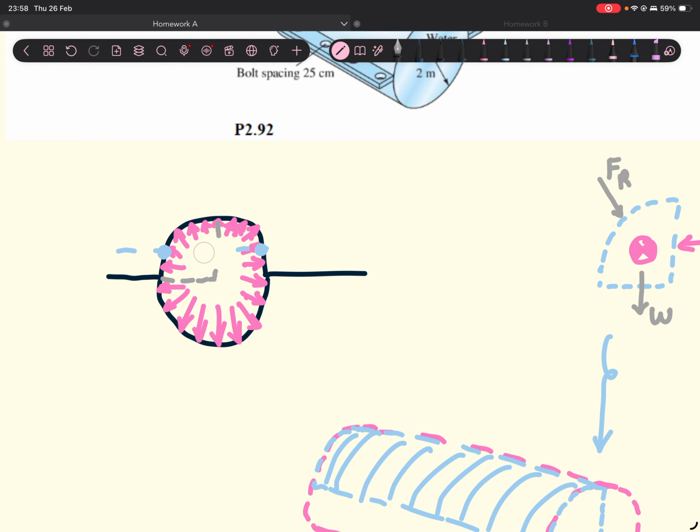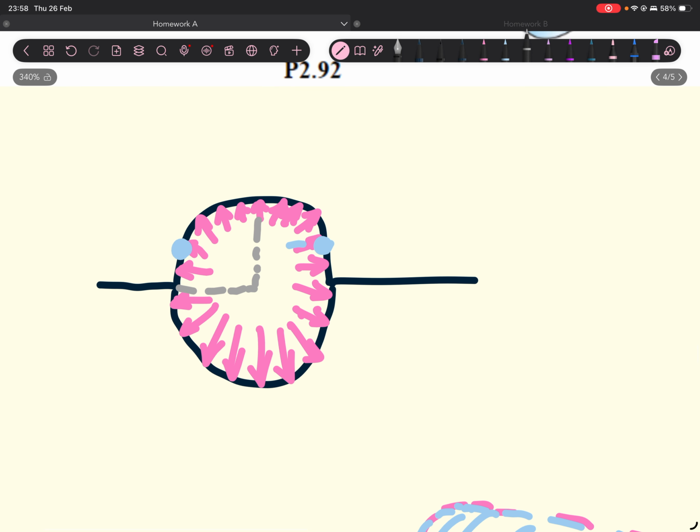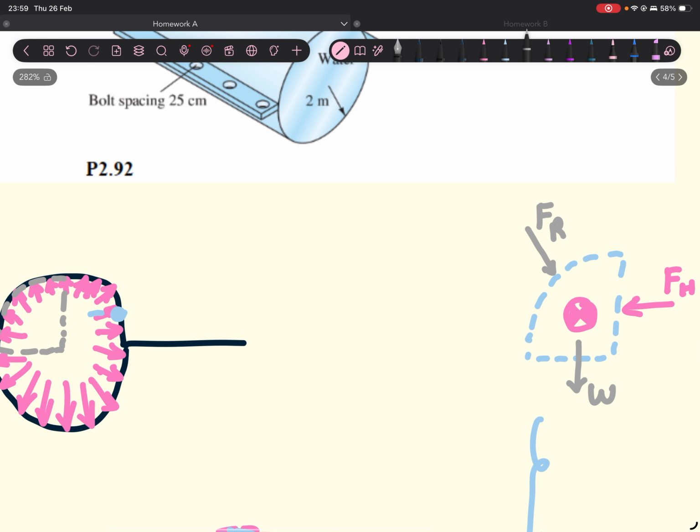In this diagram over here, you can see that you have all your pressure vectors acting outward, and that's the pressure acting on the vessel. So the fluid is pressing on the vessel, and the vessel will be pressing on the fluid as well to counteract that force. So Newton's law, basically.